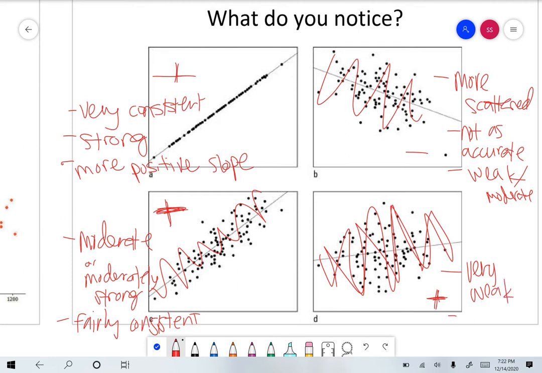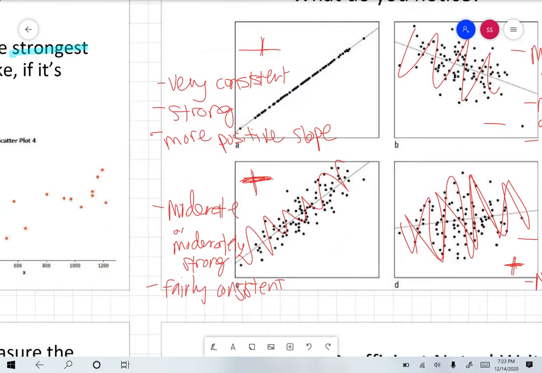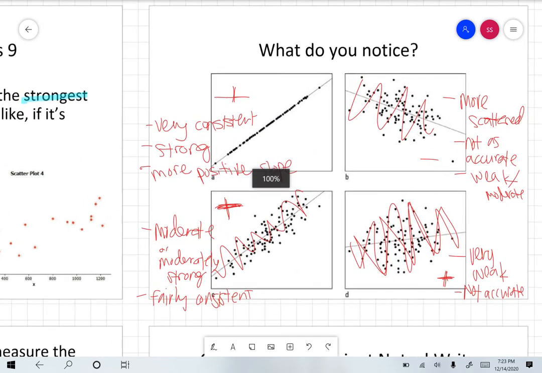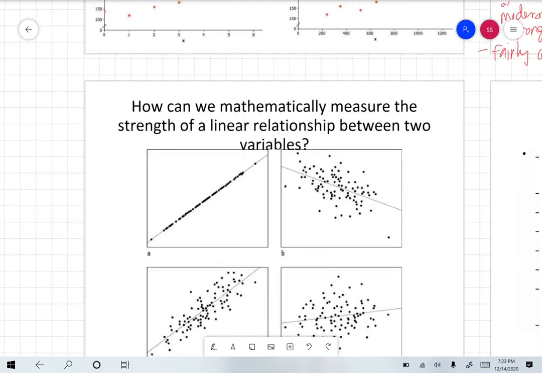We wouldn't learn very much from this data set. So it's not very accurate. It's weak. Okay. It's very scattered. Okay. So there's some adjectives we can use to describe these relationships.